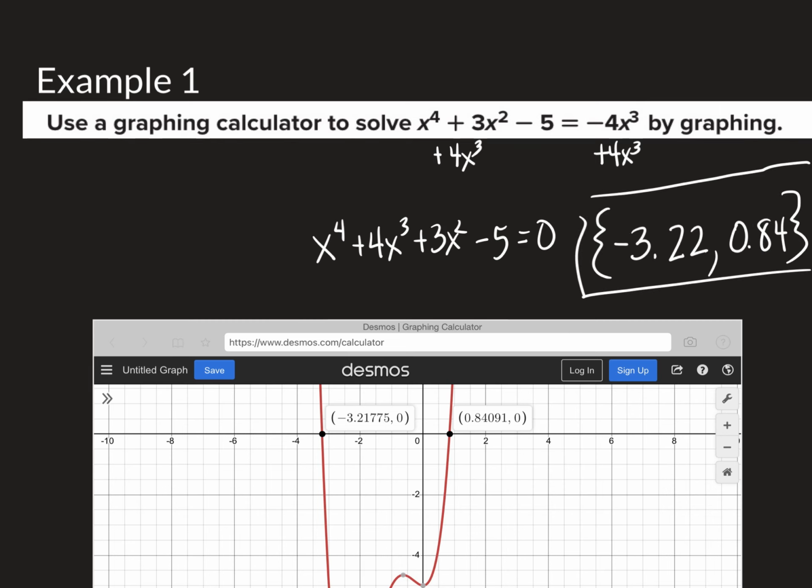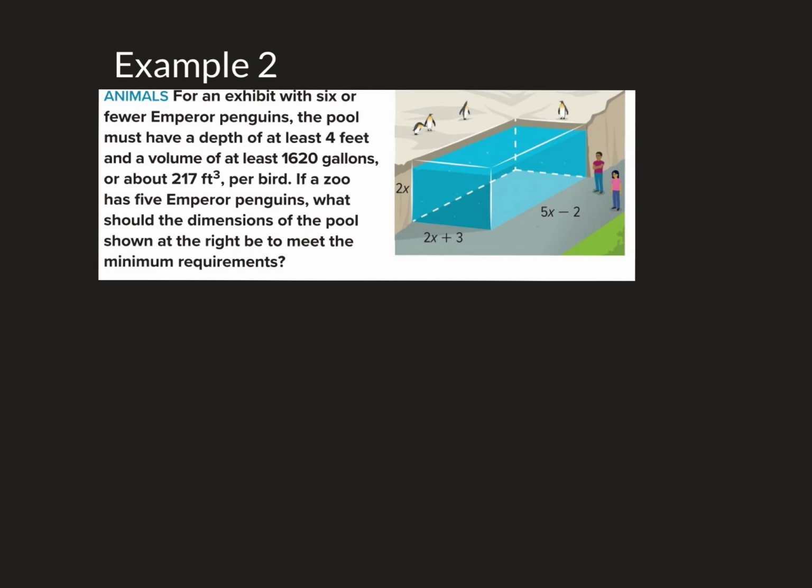Now moving on to that next example. If you'll take a moment and read the word problem. The first thing that we're going to do is remember the formula for volume of a rectangular prism, and that is length times width times height.